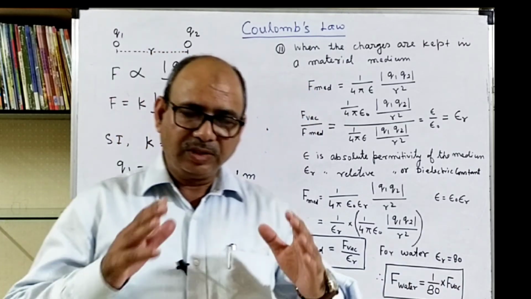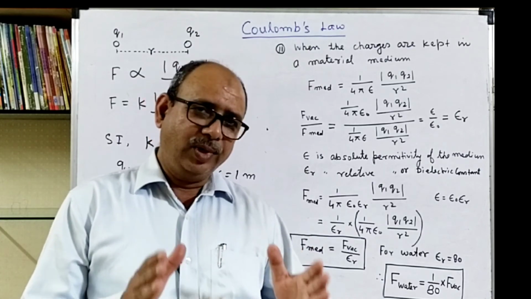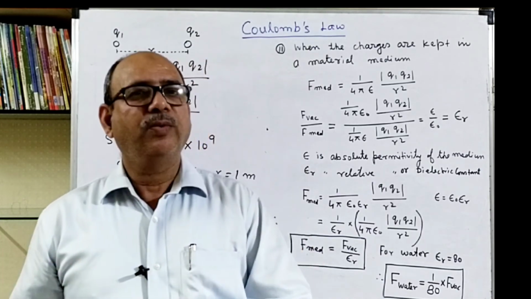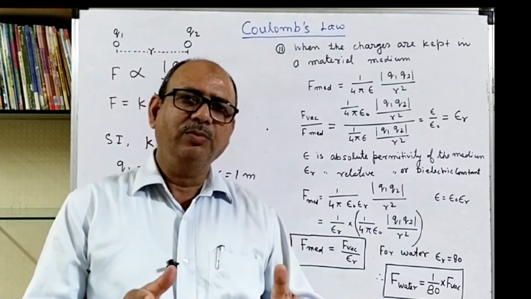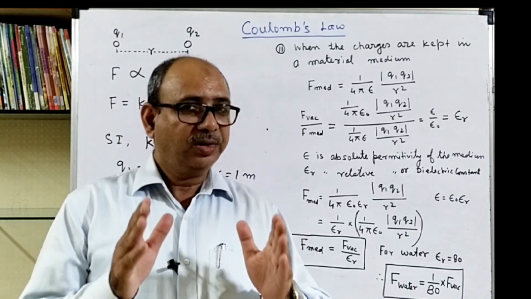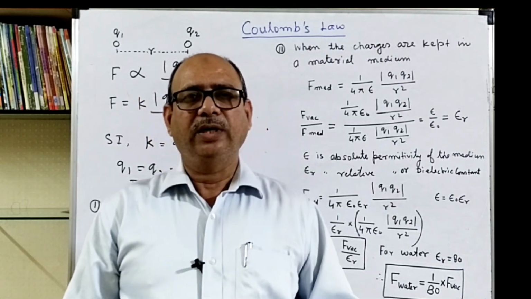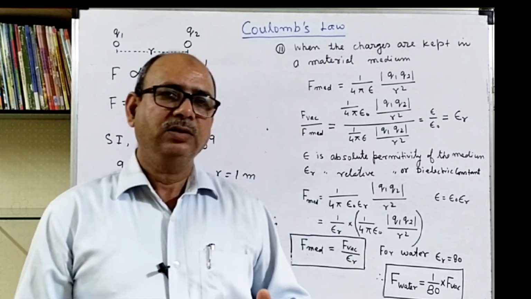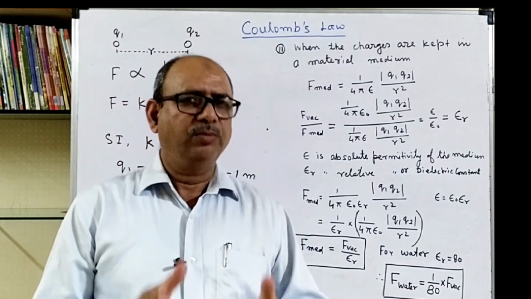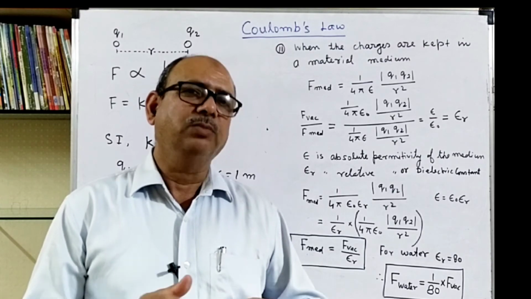That means when the same charges separated by the same distance are placed in water instead of vacuum, the force acting between the two will be reduced by a factor of 80. In conclusion, we can say that the effect of the medium is to reduce the force acting between the charges by a factor of the relative permittivity of the medium.